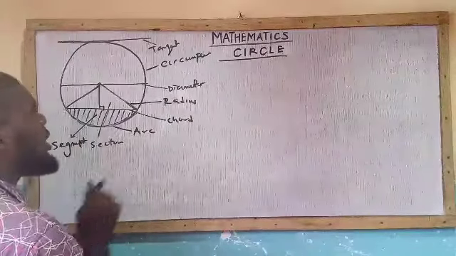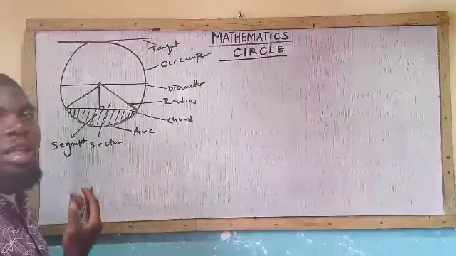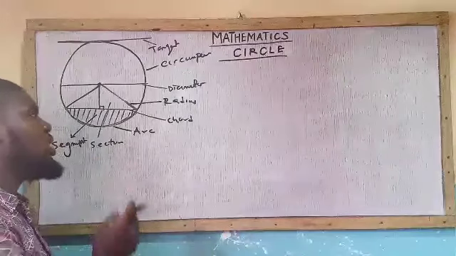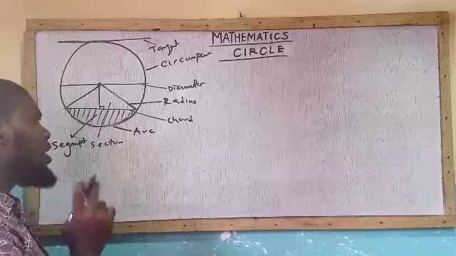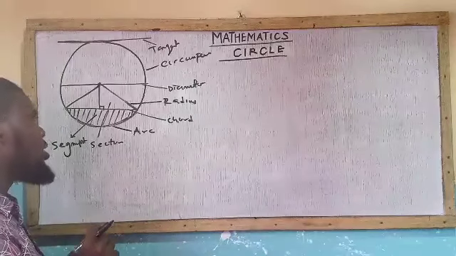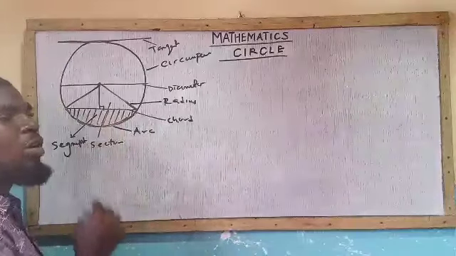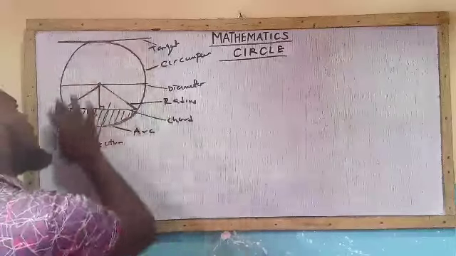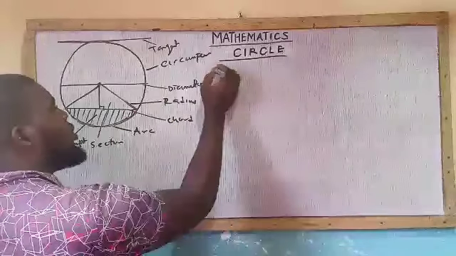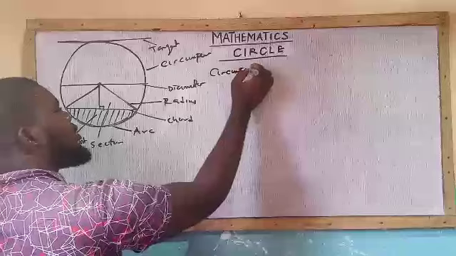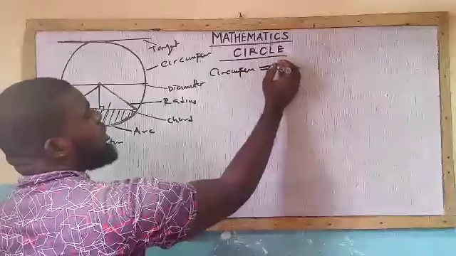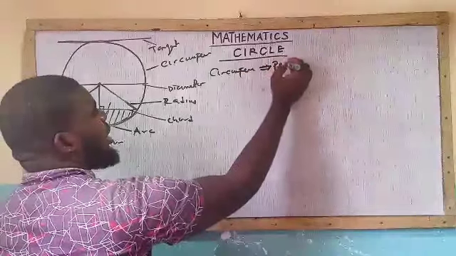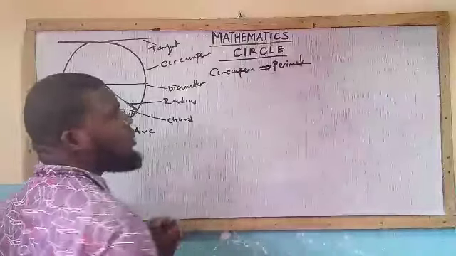Now, having considered this part of the circle, let us see the analysis involved in this circle. Firstly, I want us to start with the analysis of the circumference. One thing we must take note of is that the circumference could also serve as the perimeter of the circle.